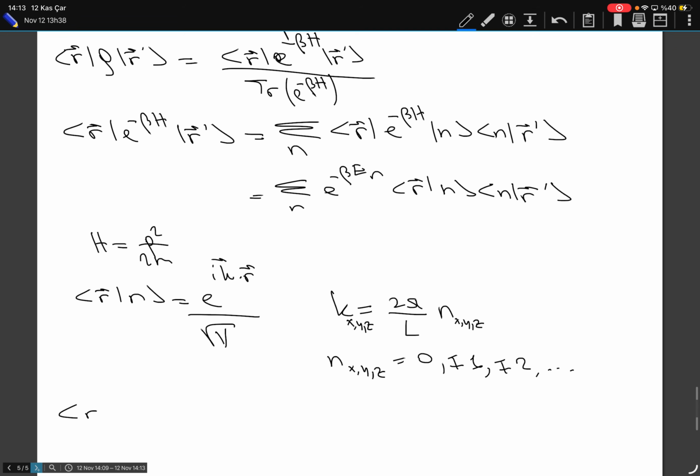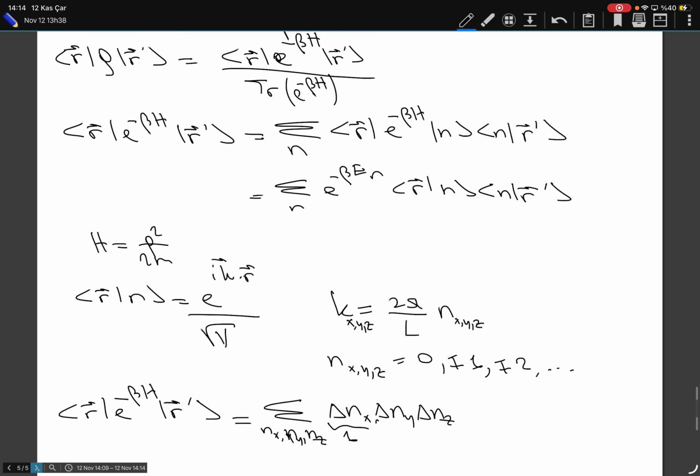So this matrix element of the exponent will be a sum over all allowed values of n_x, n_y, and n_z. Let me introduce delta n_x, delta n_y, delta n_z, because all of these are 1. They change by 1 as I sum over all of them.